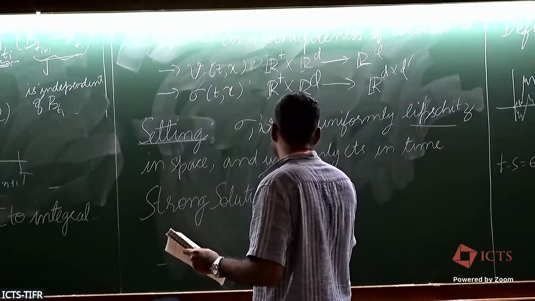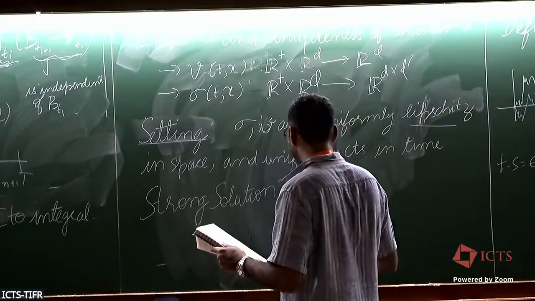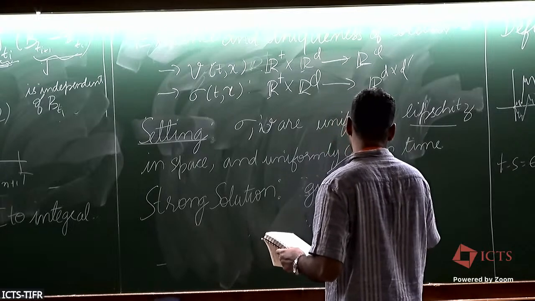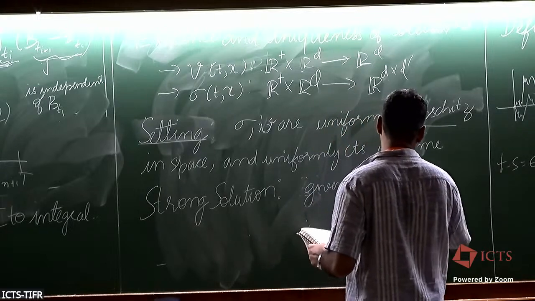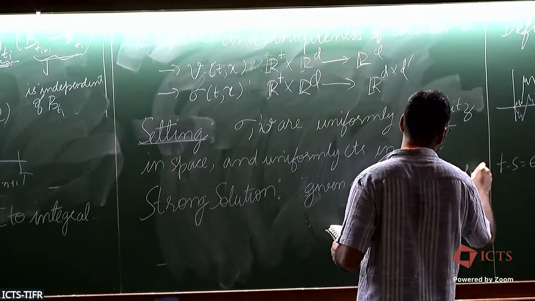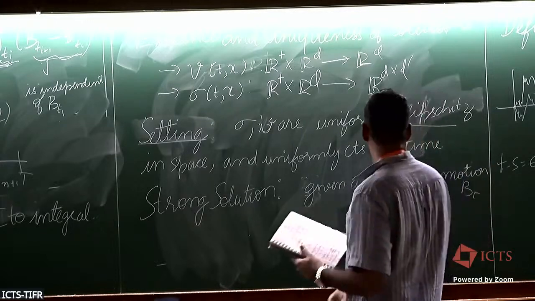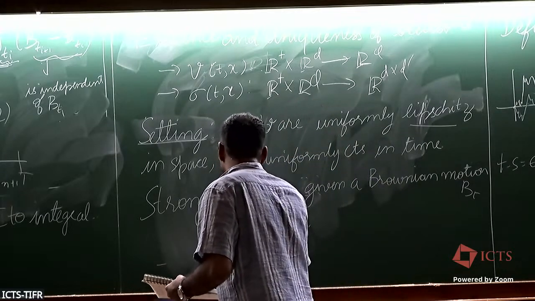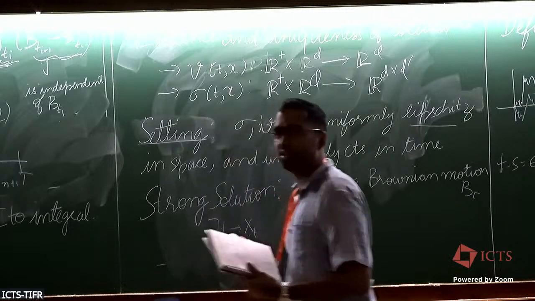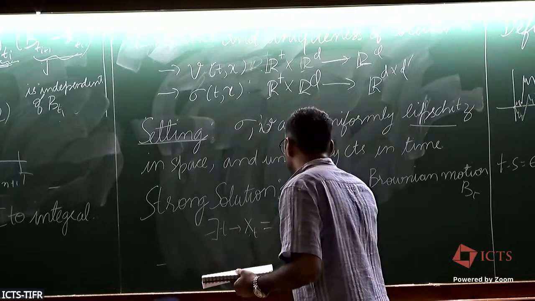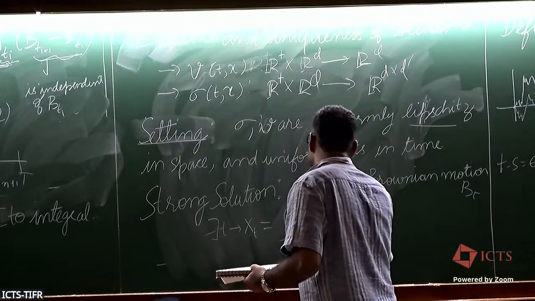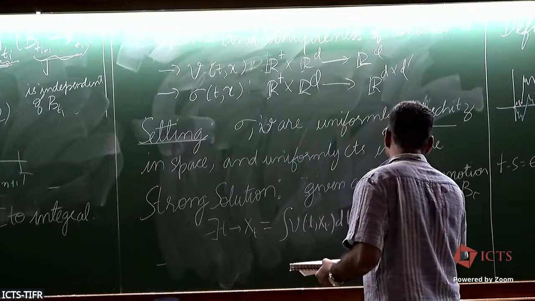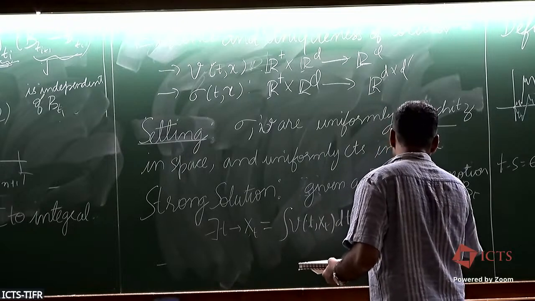So what is a strong solution? Given a Brownian motion Bt, there exists Xt, t goes to Xt, a random function, such that Xt is equal to the integral of v of t comma Xt dt plus the integral of sigma of t comma Xt dBt.